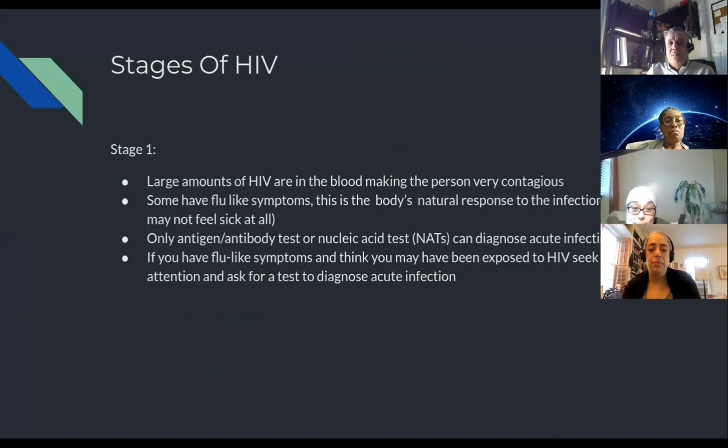However, some may not feel sick at all. Only an antigen/antibody test or a nucleic acid test, called the NAT, can diagnose the acute infection stage. If you have flu-like symptoms and think you've been exposed to HIV, seek medical attention and get tested for the acute infection as soon as possible.